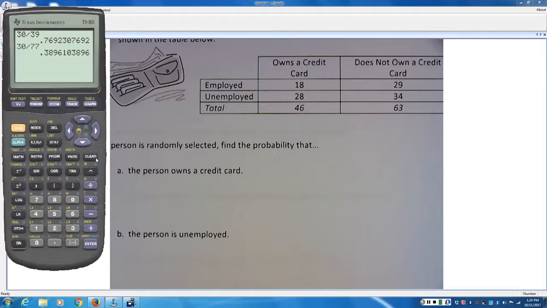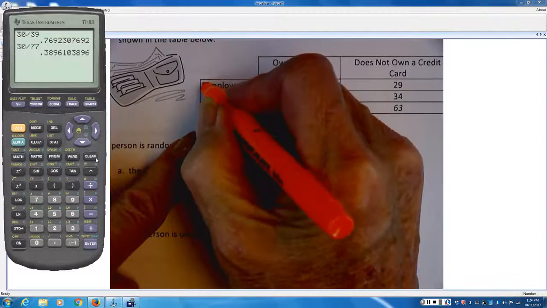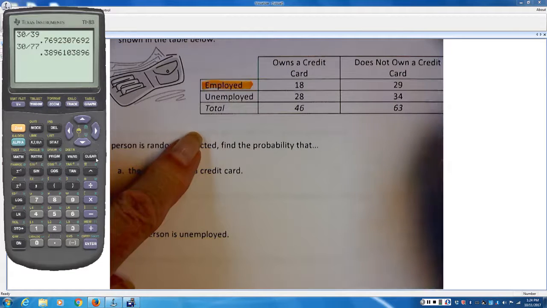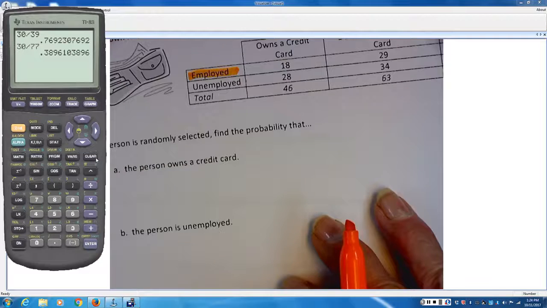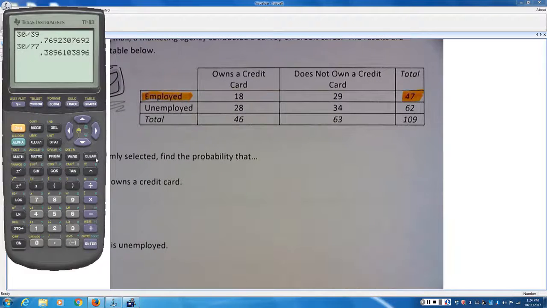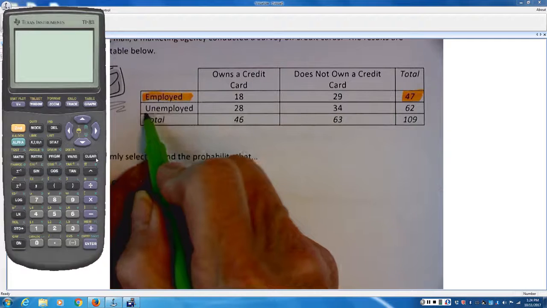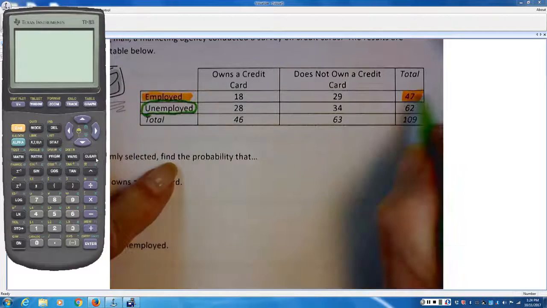So in the example we're looking at now, we have people that are employed, and there's 47 of them. And then we'll, of course, also have people that are not employed, or unemployed, and there's 62 of them.